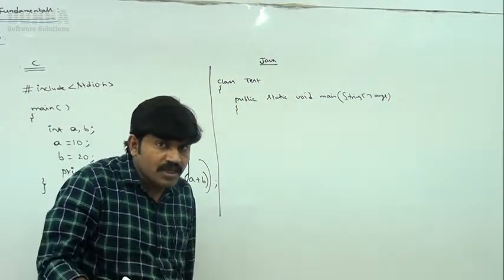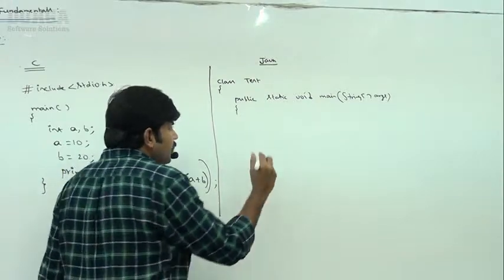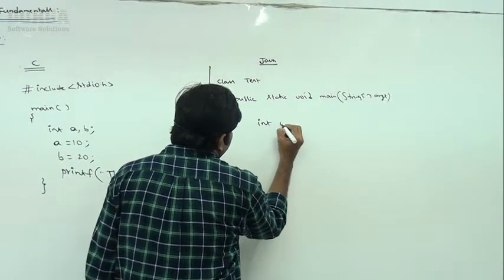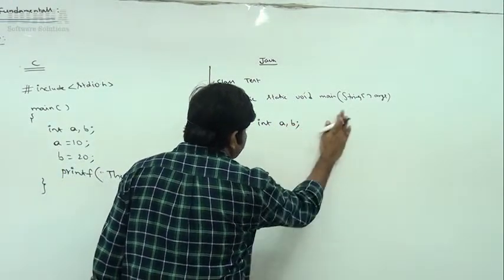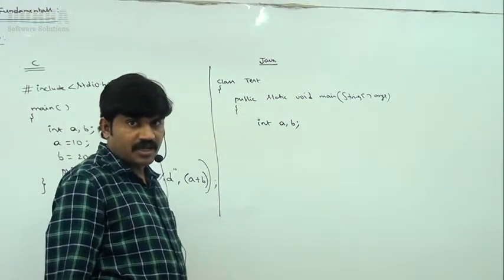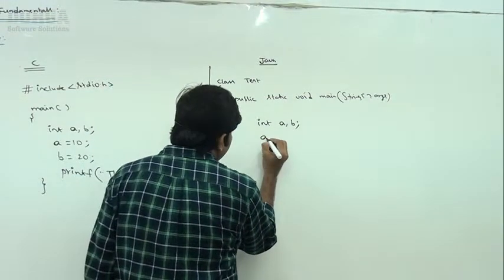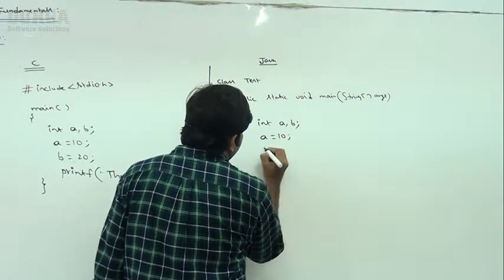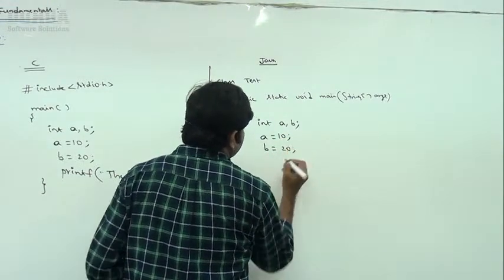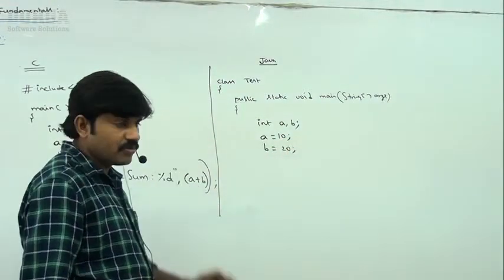I have to declare two variables a and b, int a, b. Next, a = 10, b = 20.